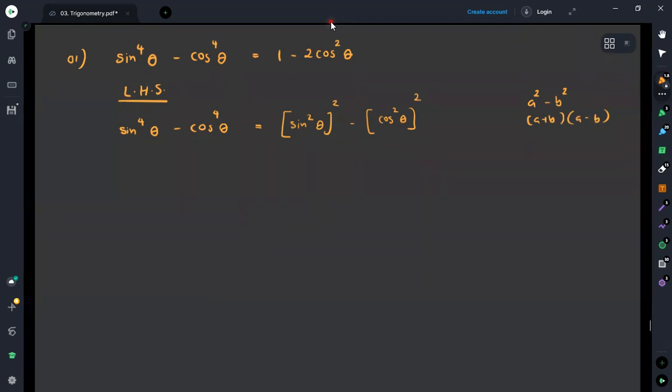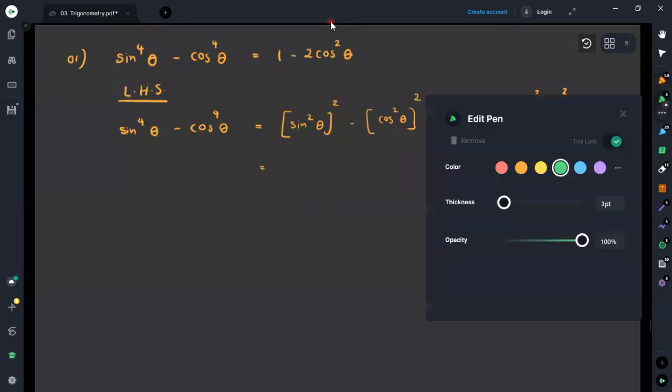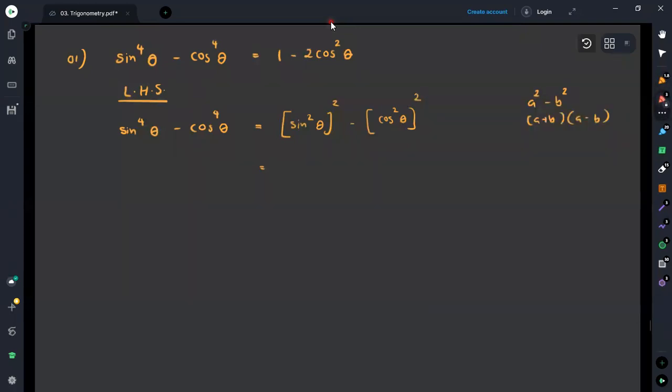Using this concept, if this is a and this is b, then this can be written as a plus b times a minus b.